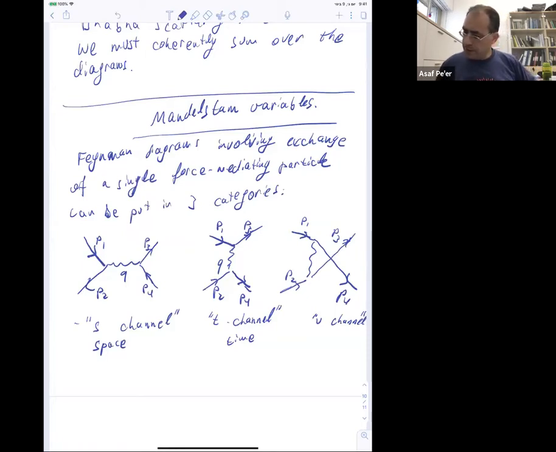So in the S channel, we're seeing an annihilation process. In the T channel, we're seeing a scattering process. And in the U channel, we're also seeing a scattering process, but this is only relevant if the particles in the final state are identical.